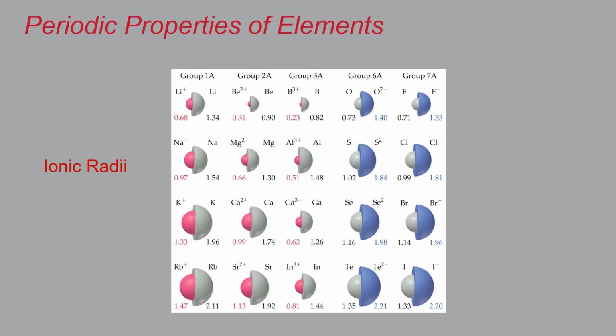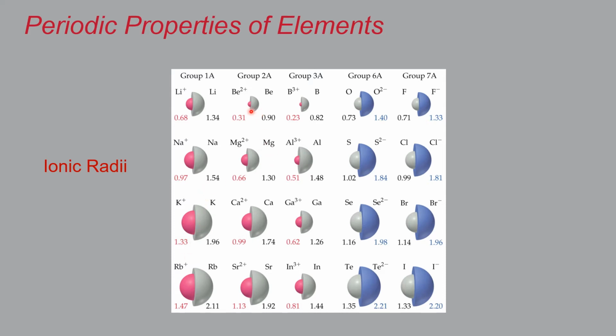Just to give you an idea of how this changes, these are representations of the radii of various elements and the ion they are most likely to form. Lithium is usually +1, sodium is usually +1, and in this case the radii go down by roughly half for lithium, roughly a third for sodium, and so on.